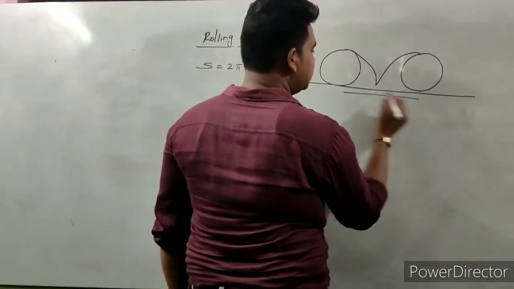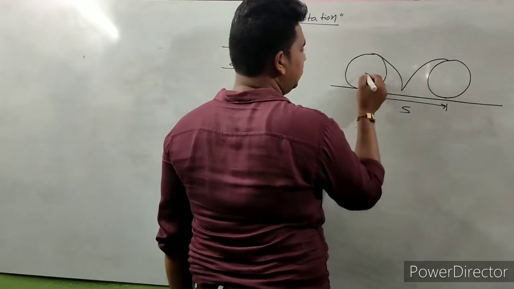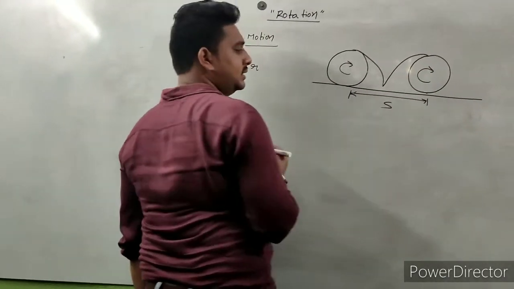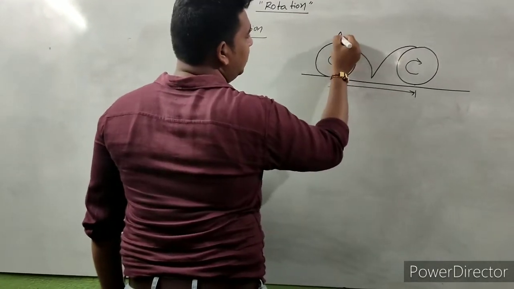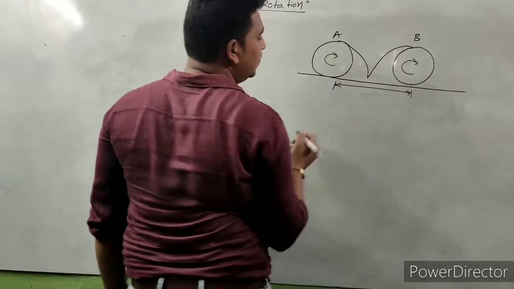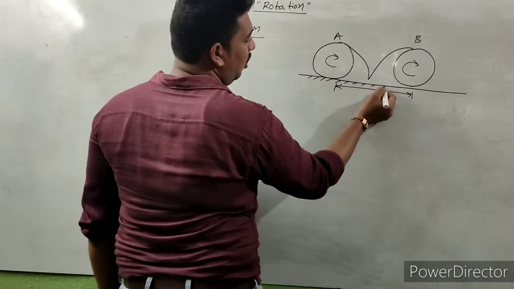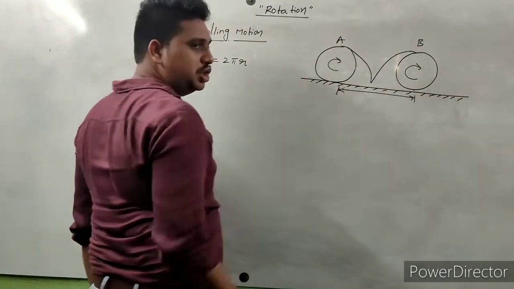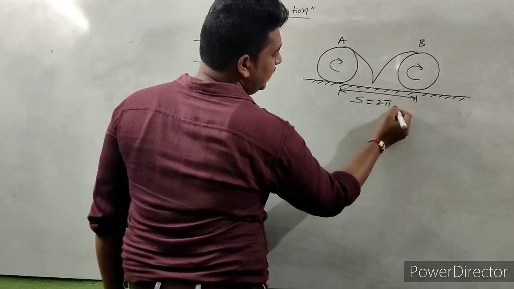Initially the body starts from the ground at position A. After it reaches position B, the displacement covered, S, is equal to 2 pi r.